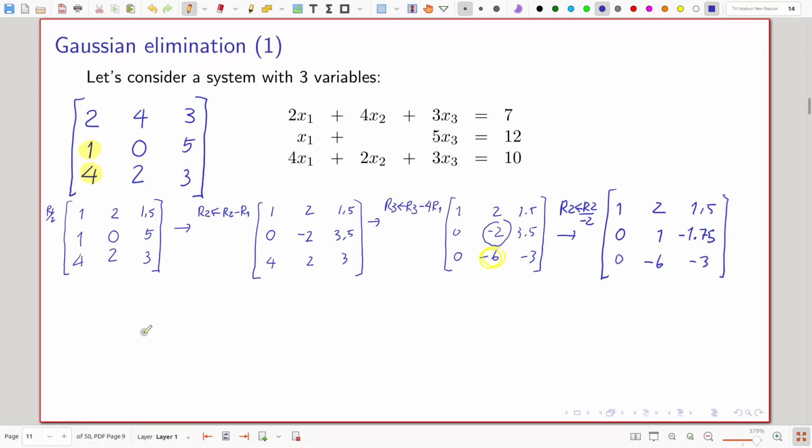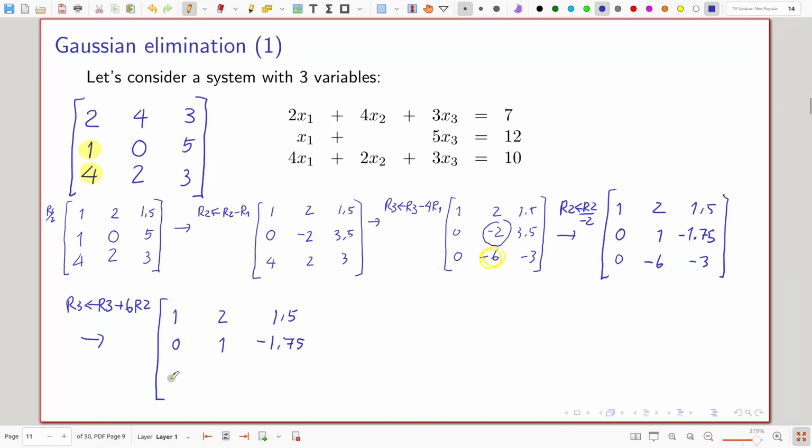Okay, so the last step, I would just take the third row and add it with 6 times row 2, right? So what I would get is the first 2 rows remain the same, and then I multiply the second row by 6, right?